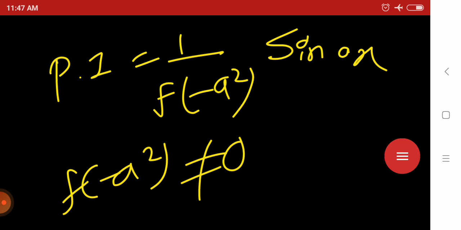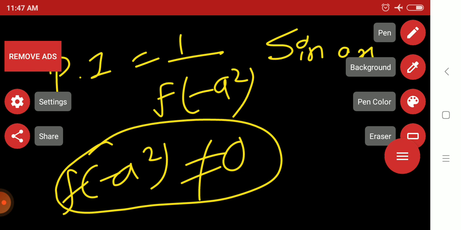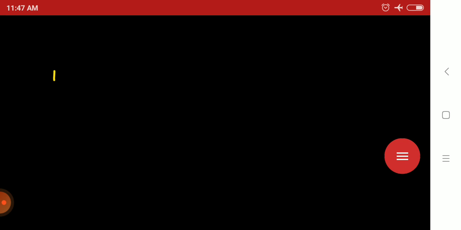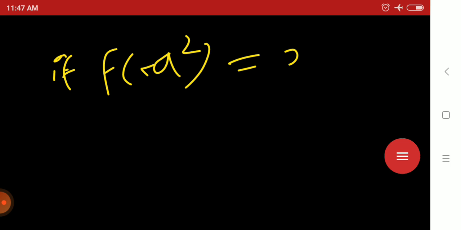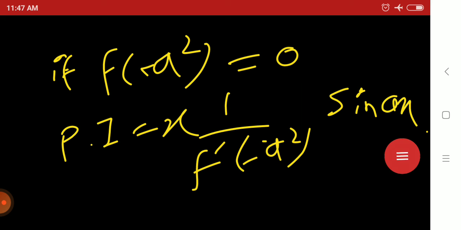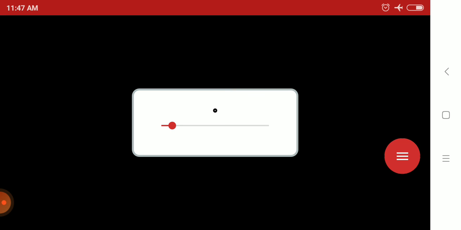Now if such a case comes that f of minus a square is 0, then the particular integral will be x into 1 by f prime of minus a square, sin ax. So this is the case for R(x) equals cos ax or sin ax.